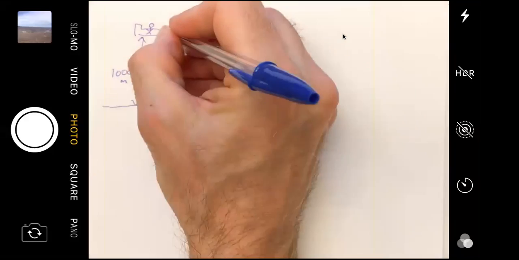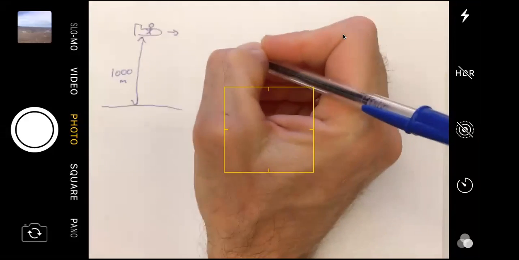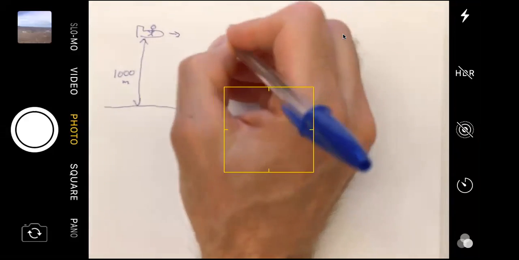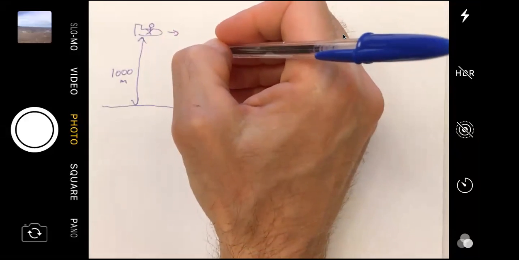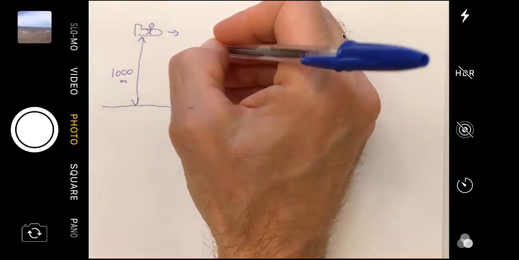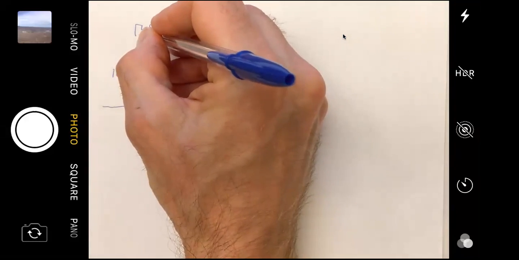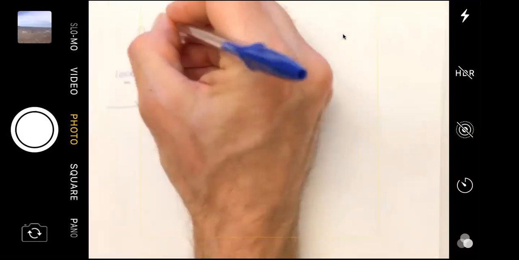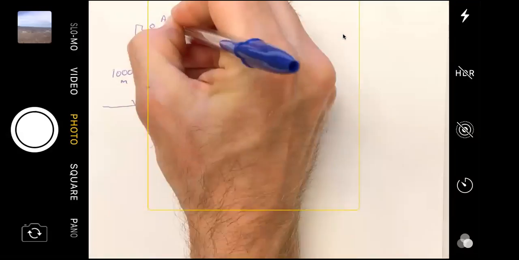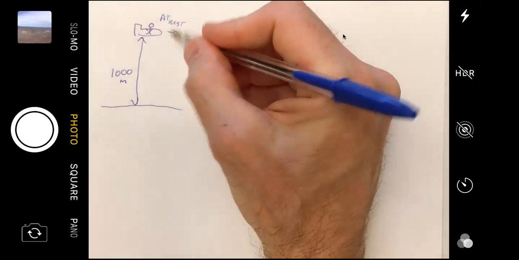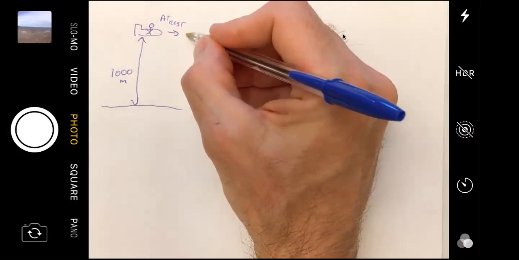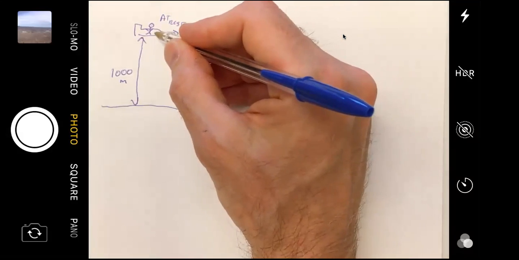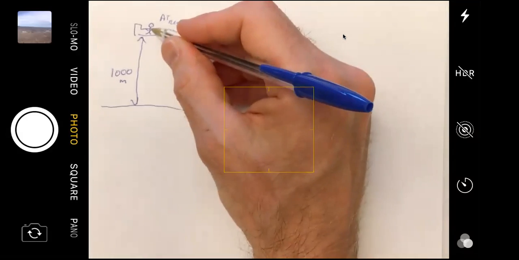And yes, we have a horizontal velocity, but just to make the problem easier, let's pretend this person has no velocity, because really he's not going up or down, he is just going horizontally. So we're just going to assume that we're at rest 1,000 meters up.